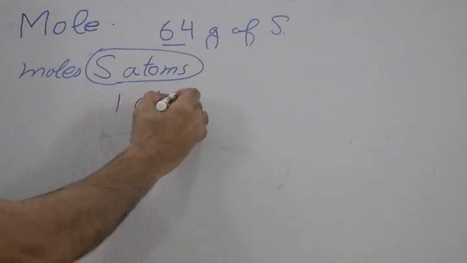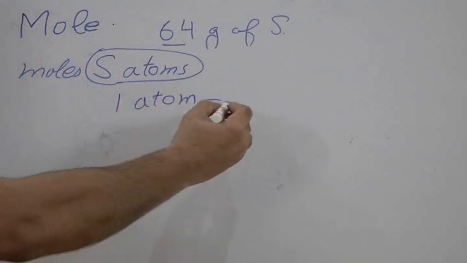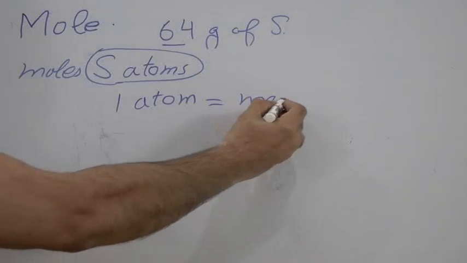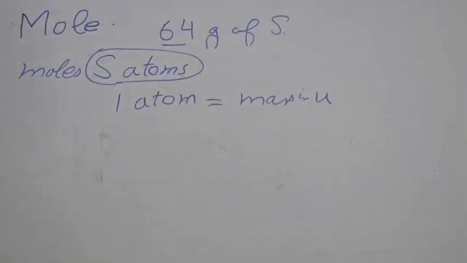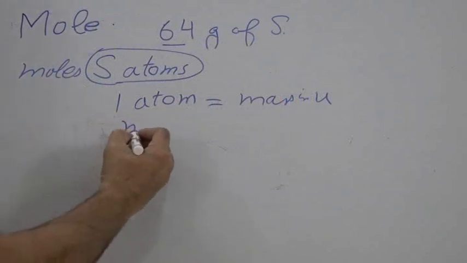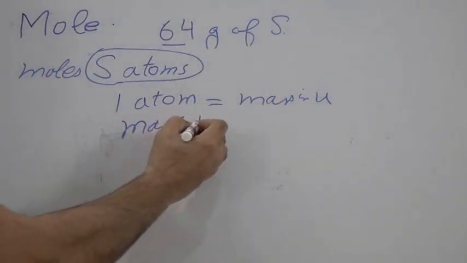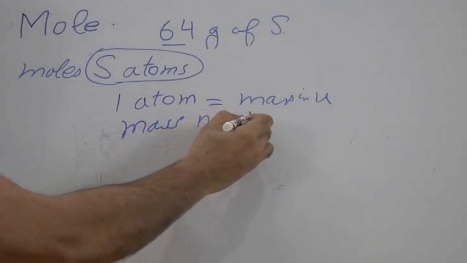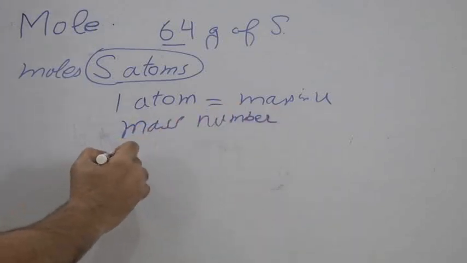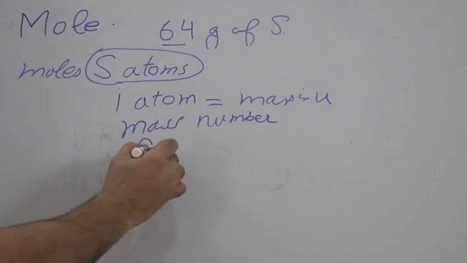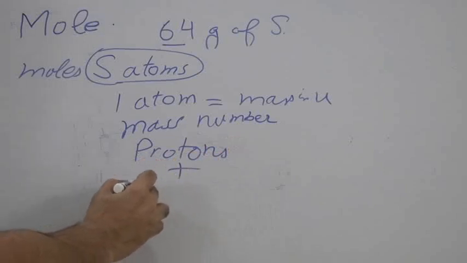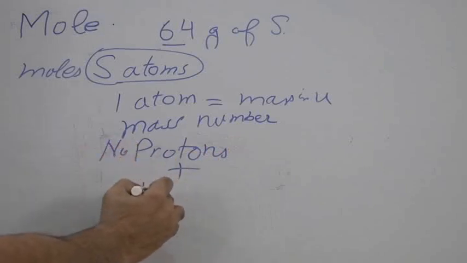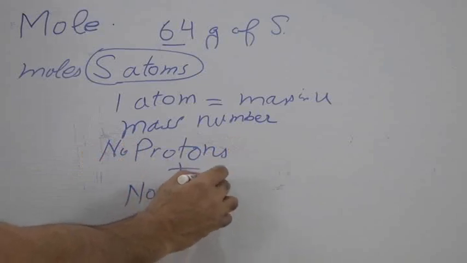One sulfur atom. Mass in U. And mass in U is almost equal to the mass number, almost. What is mass number? That is number of protons plus number of neutrons.